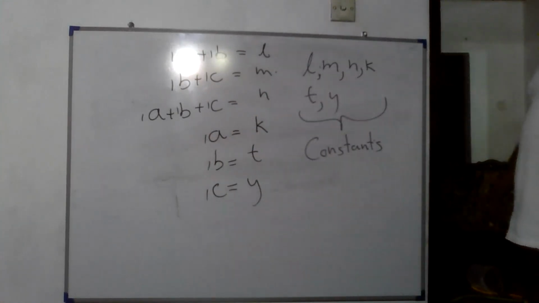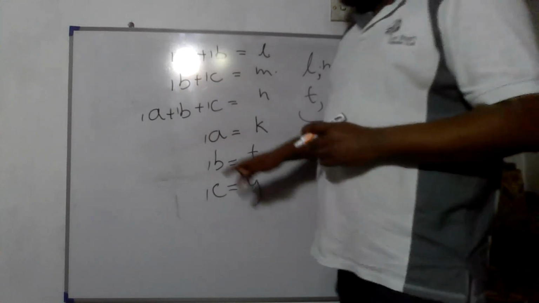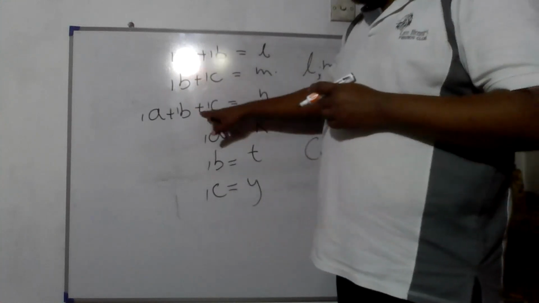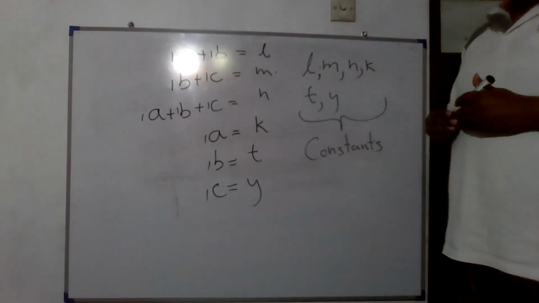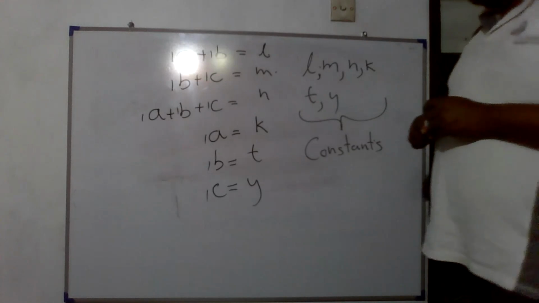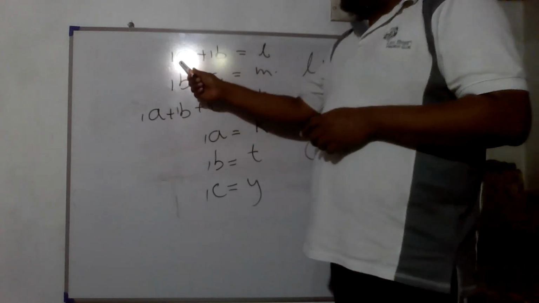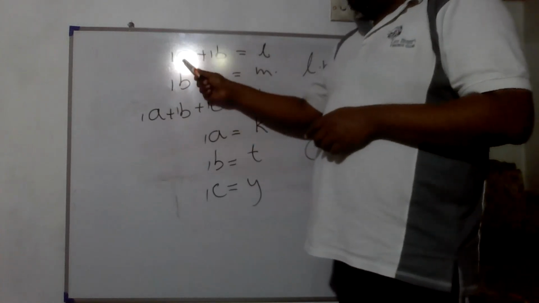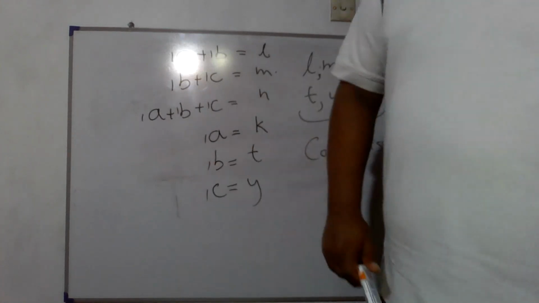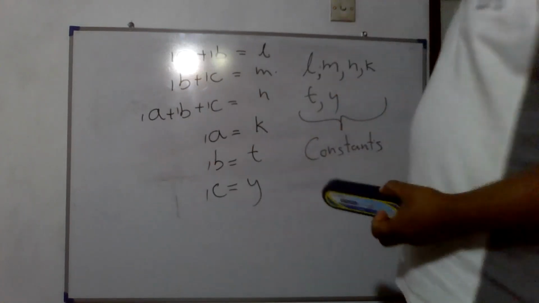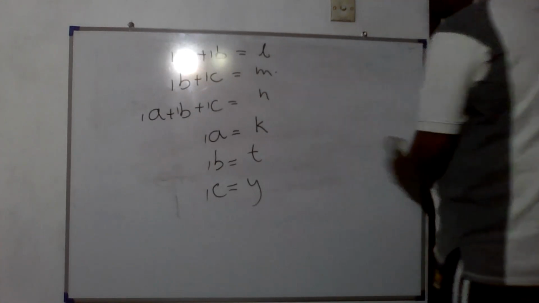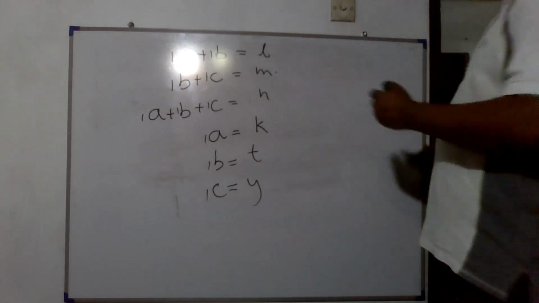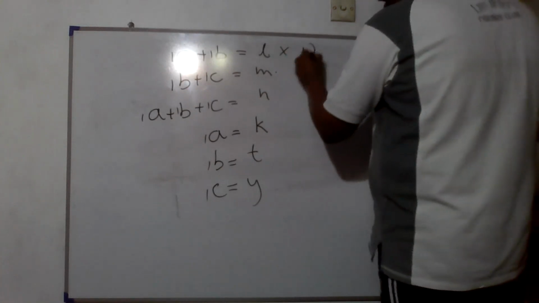So to normalize each equation, you have to multiply. Let's say we are going to write the normalized equation for variable A, right? To write the normalized equation for variable A, you are going to multiply this equation by 1. Why?